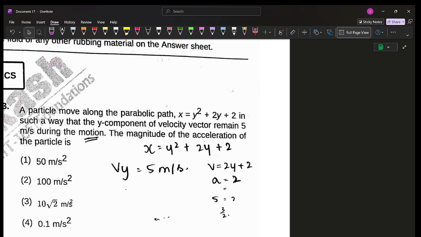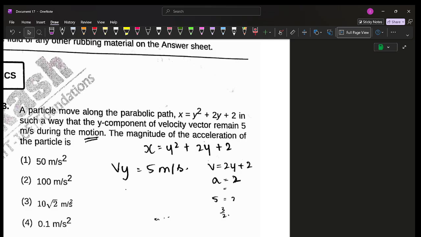And if I differentiate it again, I'm going to get something else.